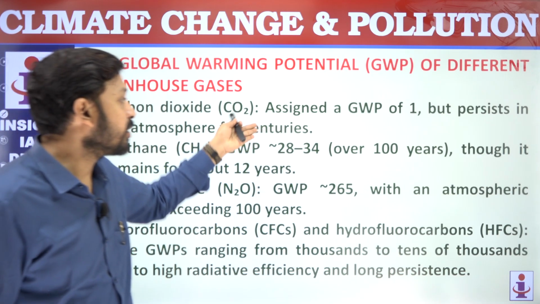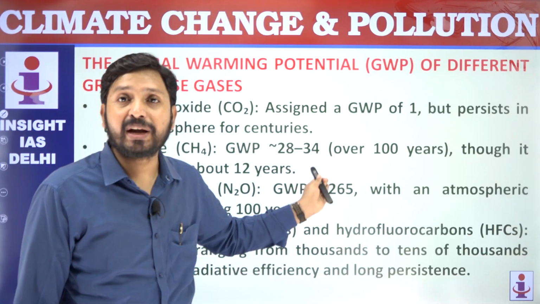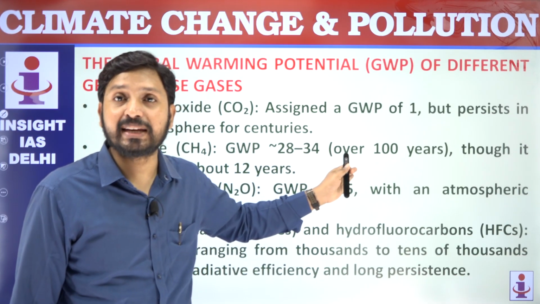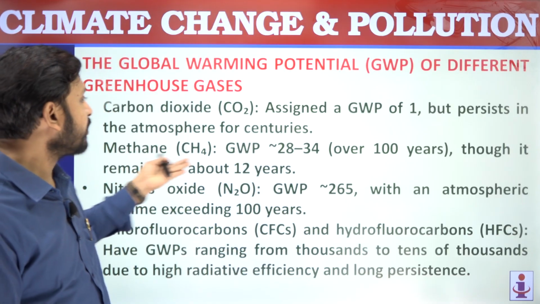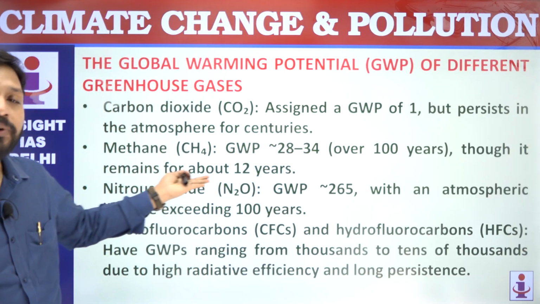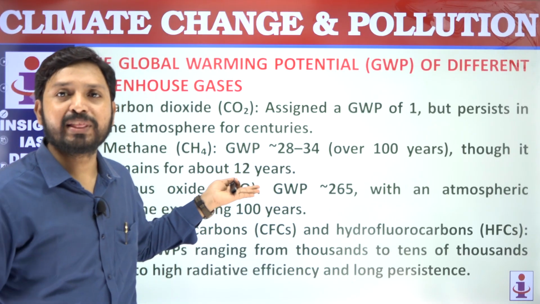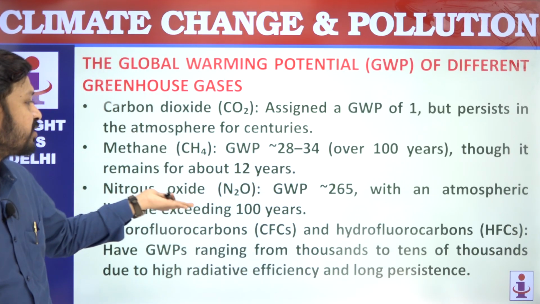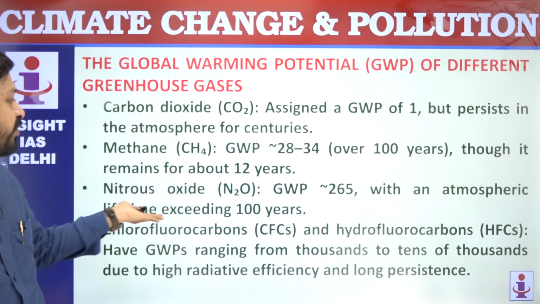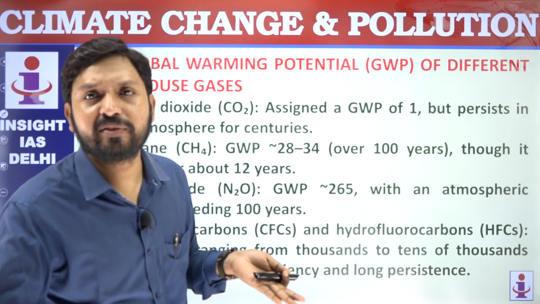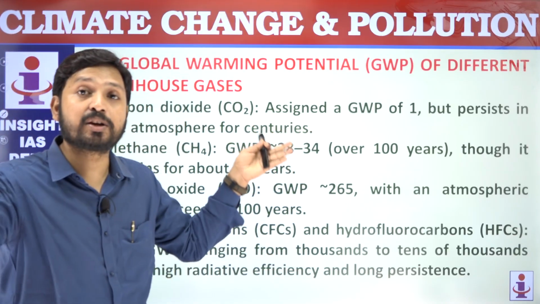Methane, if you see, the global warming potential is very high, okay, 28 to 34. But the good thing about methane is its lifetime in the atmosphere is very short, hardly 12 years. Apart from that, nitrous oxide also has a high global warming potential, but its lifetime is hardly 100 to 120 years, while carbon dioxide will stay for centuries, and its concentrations are also very high.